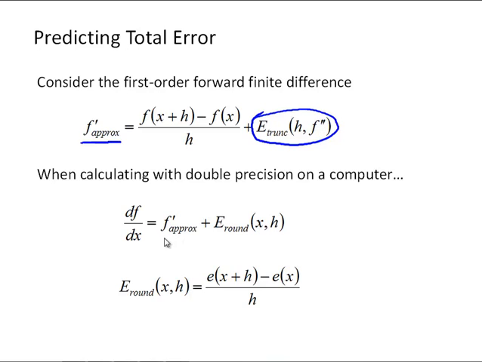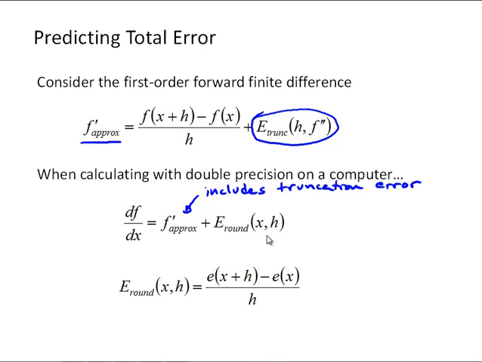So we would have f prime approx, which includes some truncation error. So that's error that has arisen because of approximations we made in developing this algorithm for the forward finite difference. And now we also introduce round-off error.